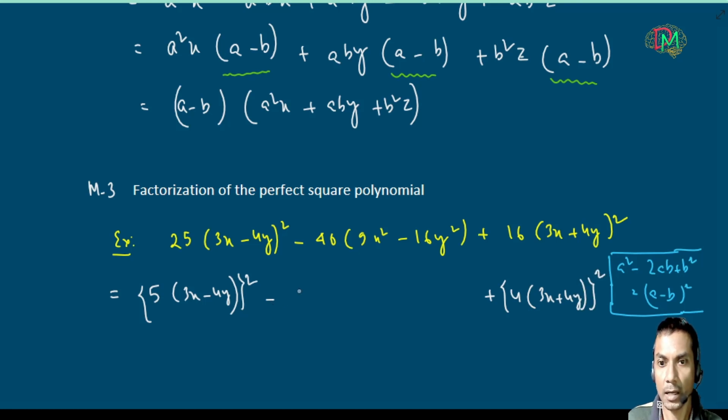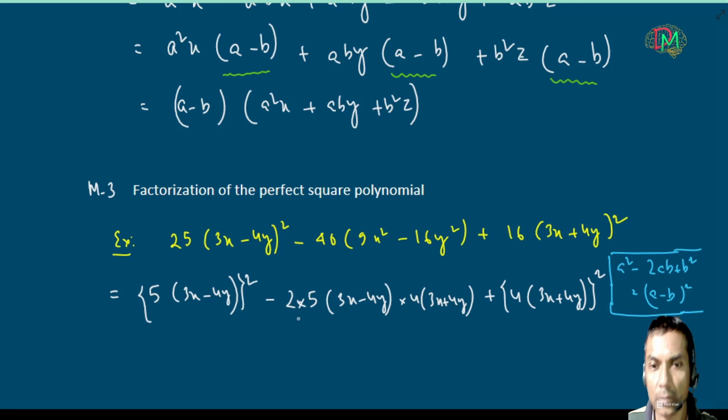Inside, you can write 2 into 5 (3x minus 4y) into 4 (3x plus 4y). Now check whether this value matches the middle value: 5 into 2 is 10, and into 4 is equal to 40. So it is okay. Clear?